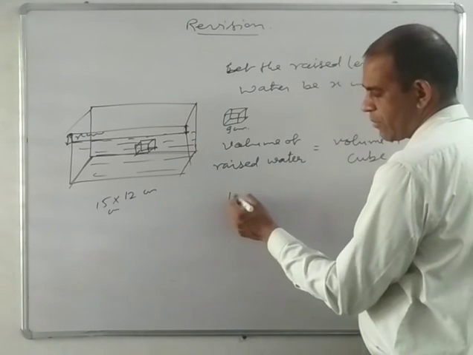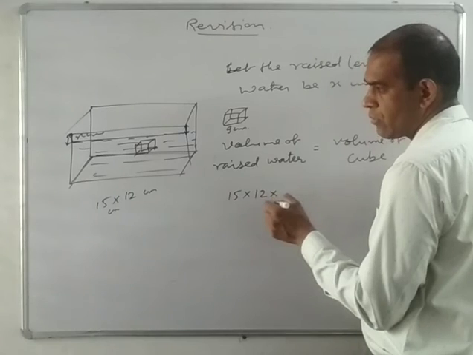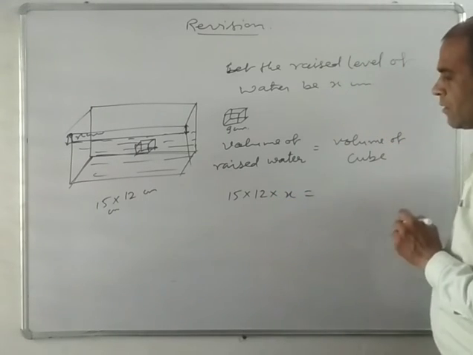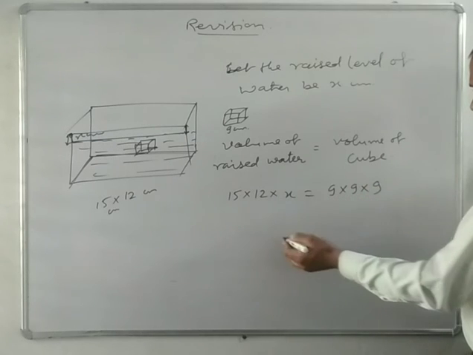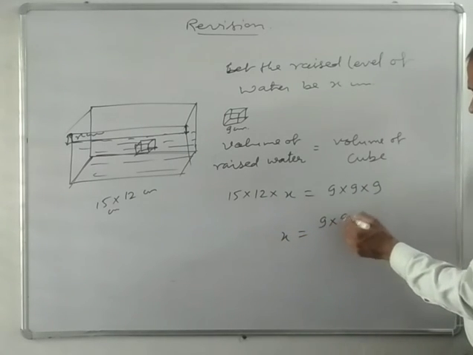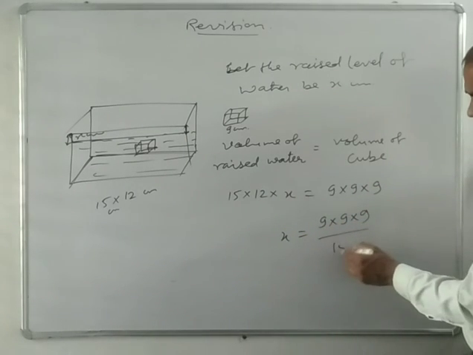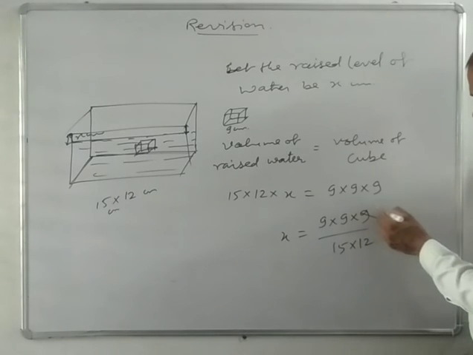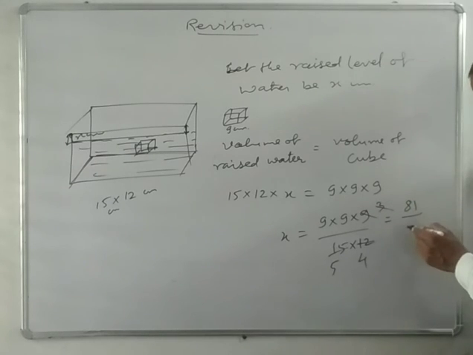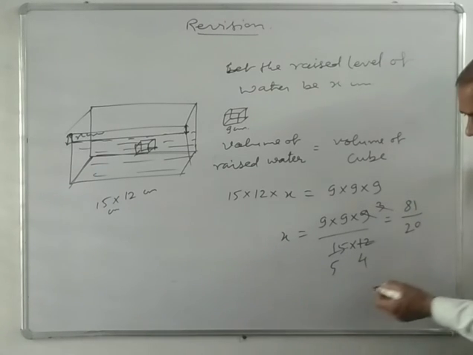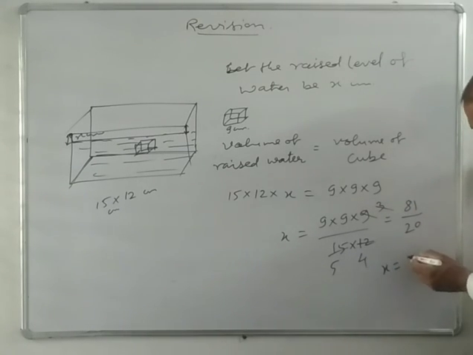Volume of raised water is 15 into 12 into x. Volume of cube is 9 into 9 into 9. So x equals 9 into 9 into 9 upon 15 into 12. 3 threes are 9, 3 fours are 12, 3 fives are 15. This gives 81 upon 20. Dividing 81 by 20, we get 4.05 centimeter.